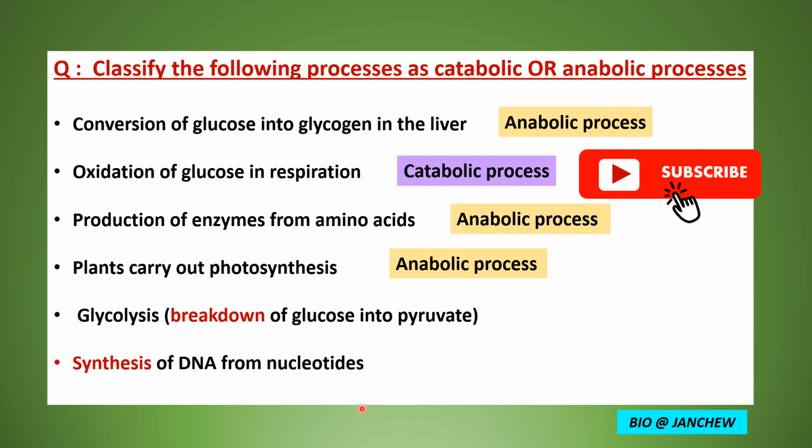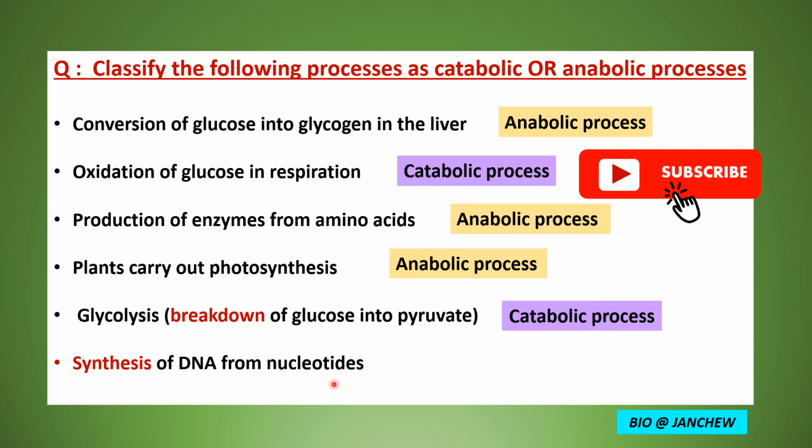Alright, so glycolysis, which is the breakdown of glucose into pyruvate. This you'll be studying in chapter 7 of the Form 4 syllabus. Once you see the word breakdown, it's clear cut already. Cats break down, right? Furniture. So it is a catabolic process. And the last one, synthesis of DNA. You know this is a complex molecule, right? From nucleotides.